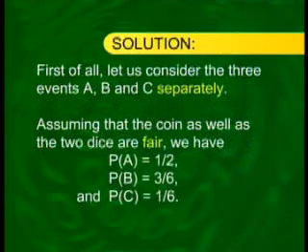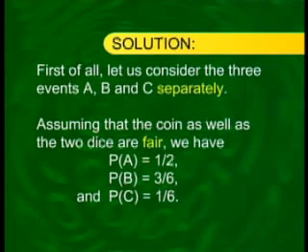Now, students, in order to solve this problem, first of all, let us consider the three events A, B and C separately. Assuming that the coin and the two dice are fair, we have probability of A is equal to 1 by 2, probability of B is equal to 3 by 6, and probability of C is equal to 1 by 6.